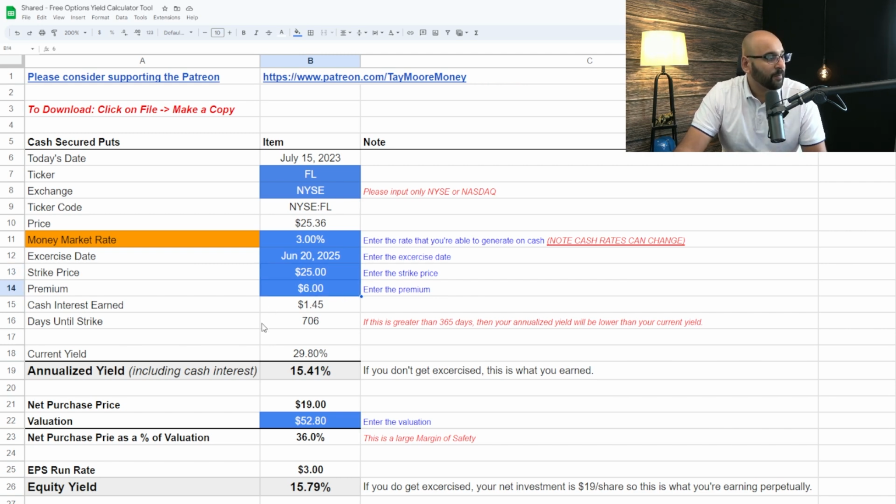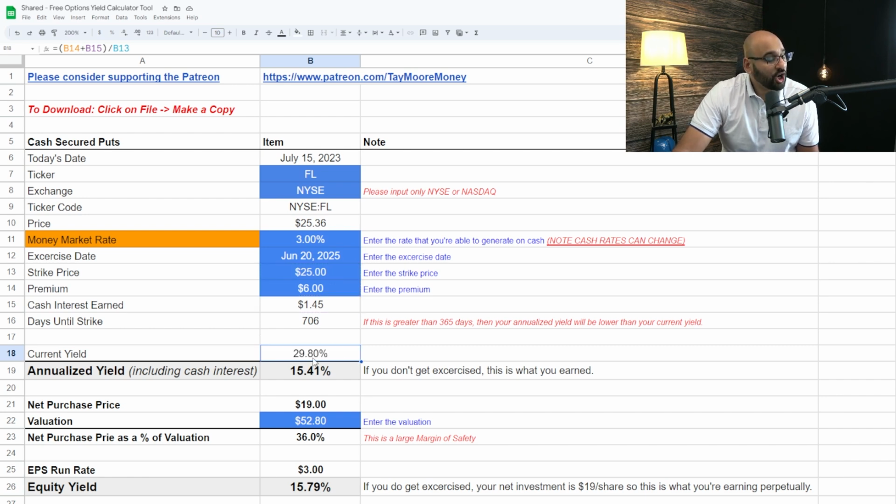Okay, so now what ends up happening is your yield actually is effectively throughout the life of the cash secured put, you're going to generate $6 plus $1.45, and then you're going to divide that on the capital that you used to enter into this transaction, effectively the capital that you deployed, which is just the cash that you set aside, which is the $25.